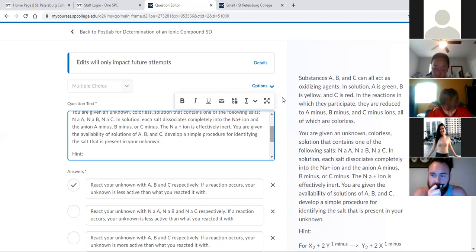And then I retook it and thought, okay, then you mix with the A, B, and C, and if there's a reaction, your unknown is more active than what you reacted it with. I think I got it wrong because is the A, B, and C the part that's the color?